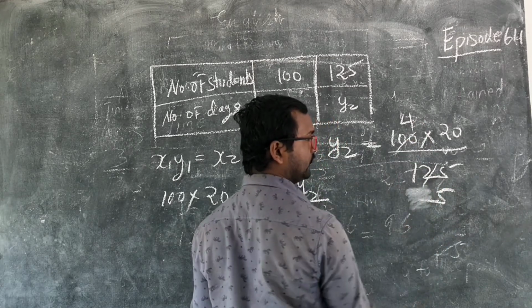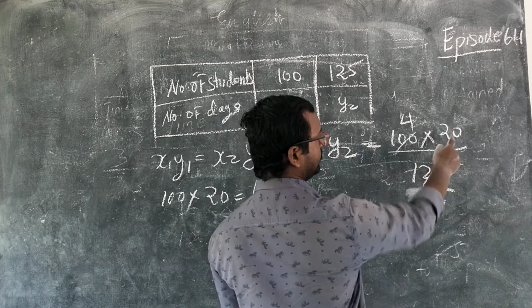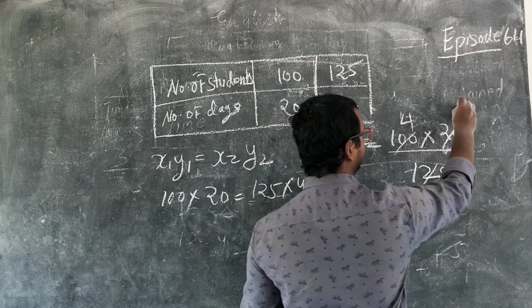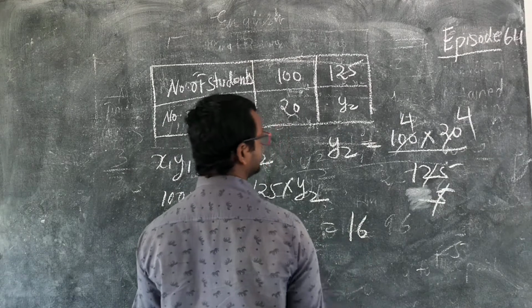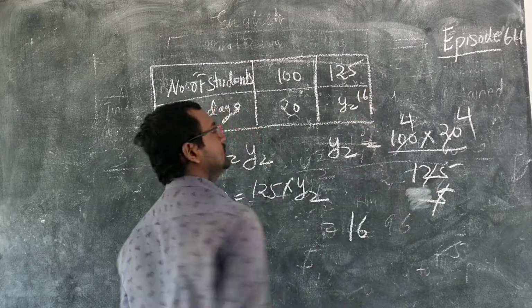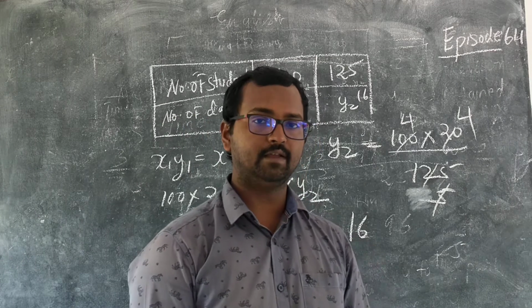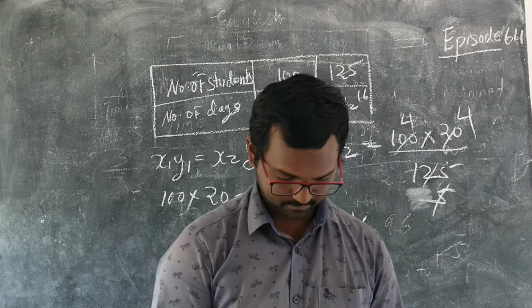So I divided 100 and 125 by 25. Next we are getting 4 into 20 divided by 5. With 5 we can divide 20, we will get 4. So 4 into 4 is 16. So the answer is 16. So if the number of students became 125, the food provision is going to last for only 16 days.